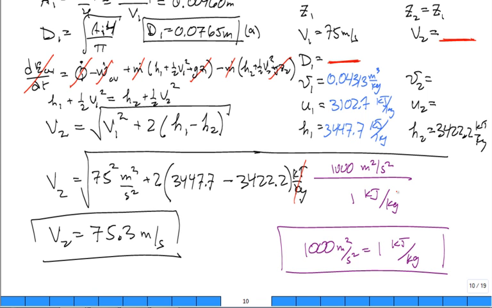These units go. They combine well with that. And when I take the square root, don't I get meters per second as the final answer? And so this is not right. 75.3, that seemed really low. It came in at 75, went out at 75.3, error. It comes out at around 238 meters per second.